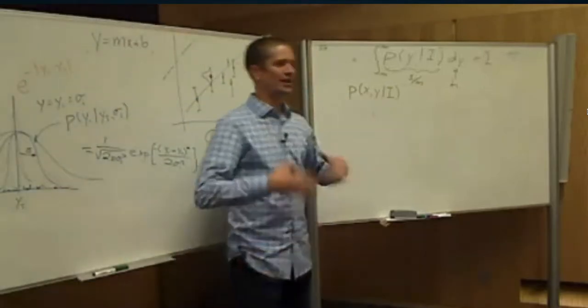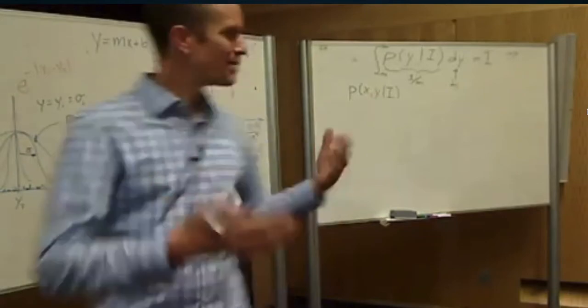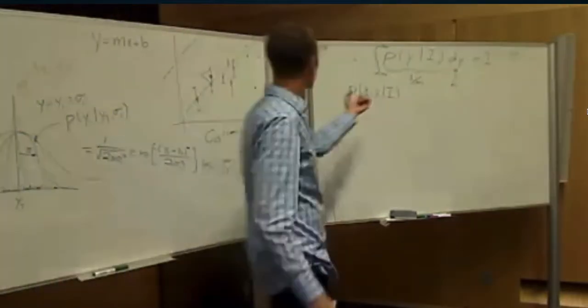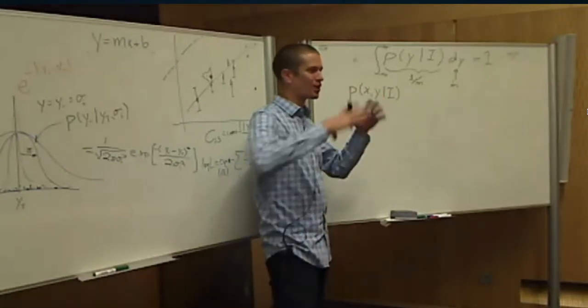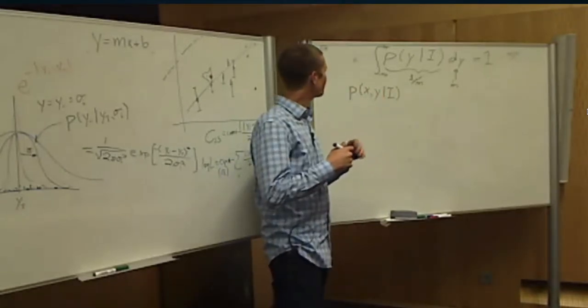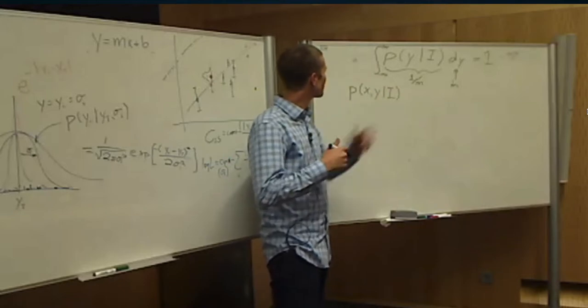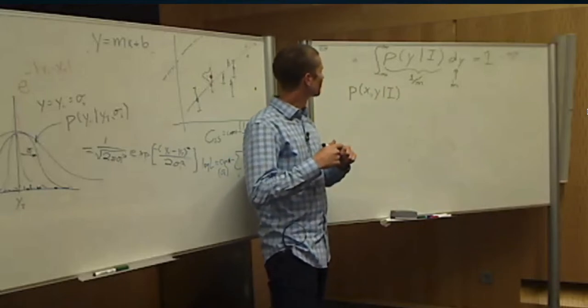This means probability of x and y, so two not necessarily independent, two different measures, where we're asking what the joint probability is, the probability that they're both the same given piece of information.